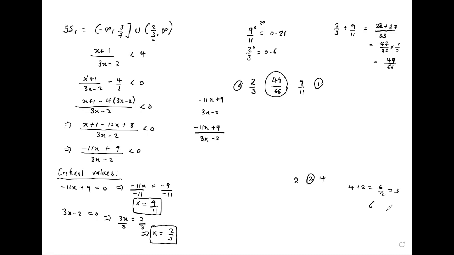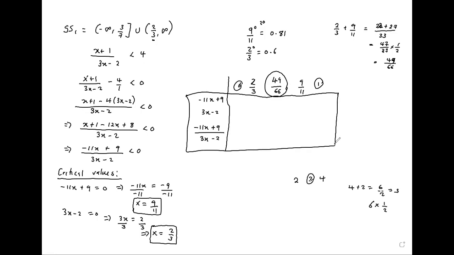Dividing by 2 is the same as multiplying by half. That's where the 1/2 is coming from. You only do that if there's no whole number in between the numbers that you have.